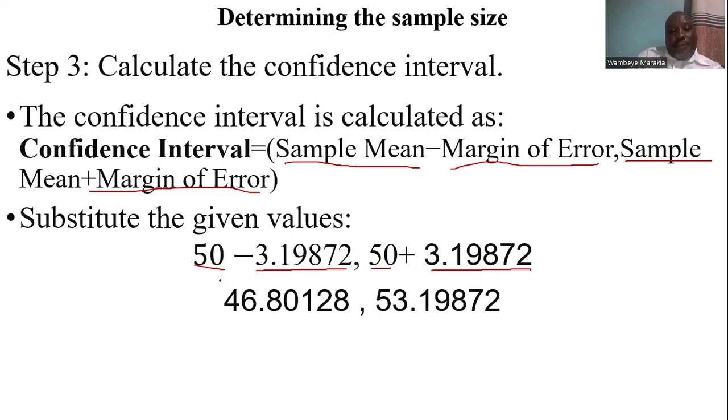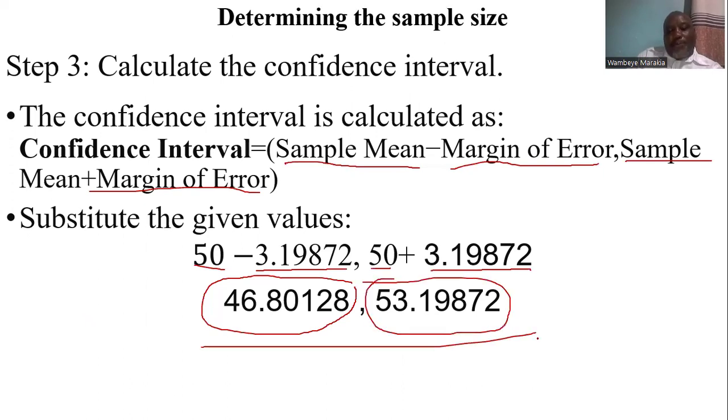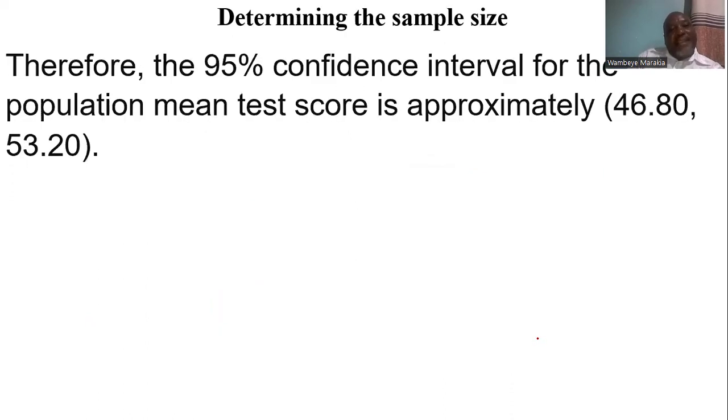So the first answer we have gotten is 46.8128, and the second one is 53. So these two we put together, separated with a comma, and then we say, therefore, the 95% confidence interval for the population mean test score is approximately 46.80, 53.0.